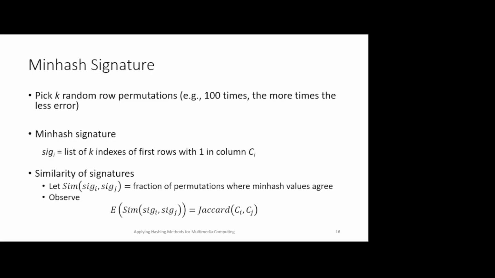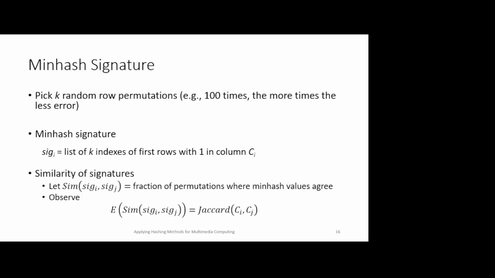Okay, so then your min hash signature can be represented like this. The signature of column Ci is a list of the k indices of the first row with 1 in column Ci. For the ith document, its signature is a list of k min hash values. The k min hash values are produced by performing k random permutations.